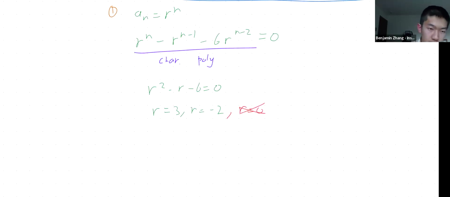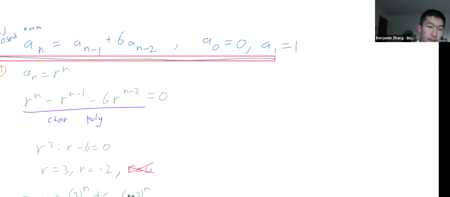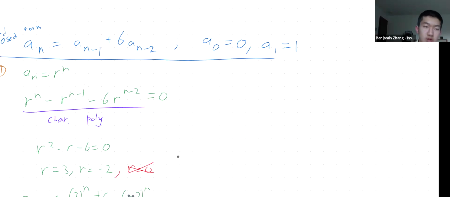So then we can just quickly write a of n is equal to c1 times 3 to the n plus c2 times -2 to the n. And then you just plug in the initial conditions that we explained before to solve. You plug in these two initial conditions and you solve it.